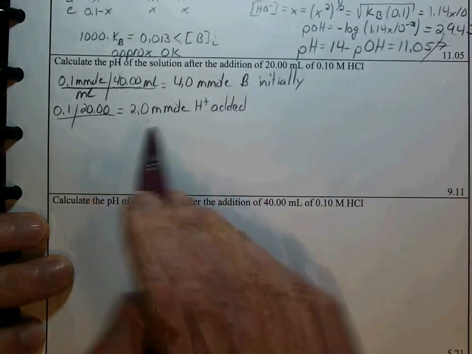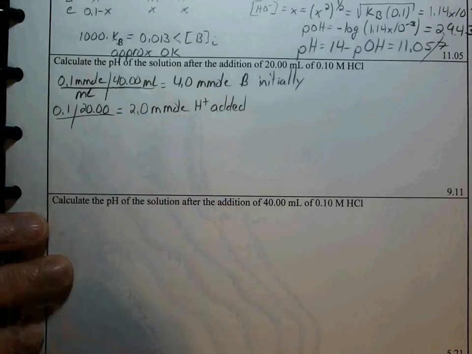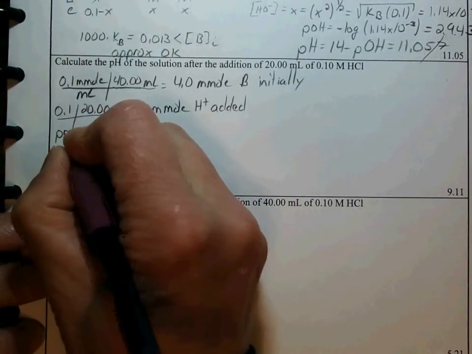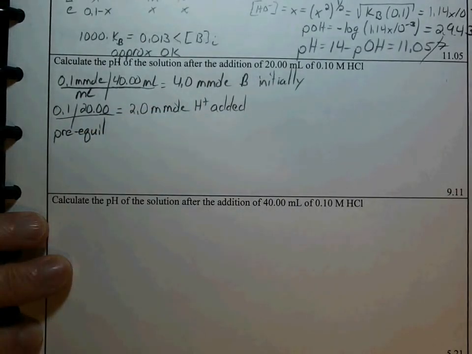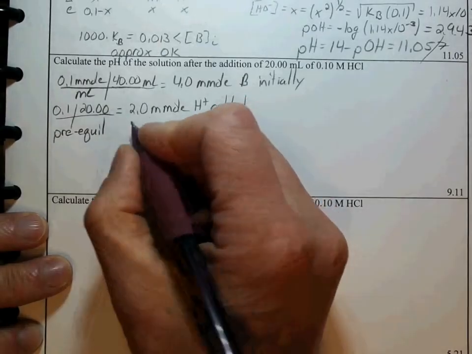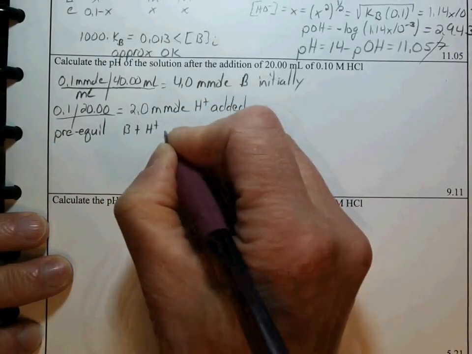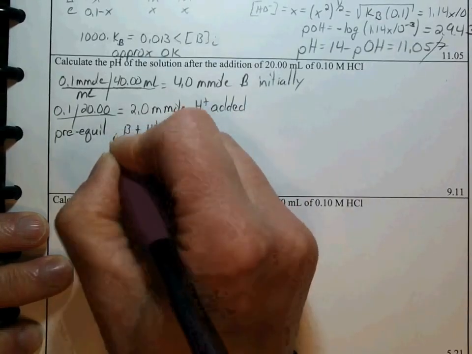Okay, that's how many millimoles of HCl, but in solution we know it's really H plus that's of concern. So we can label a separate pre-equilibrium step in which we know that our base is going to react with H plus to give us our conjugate acid.